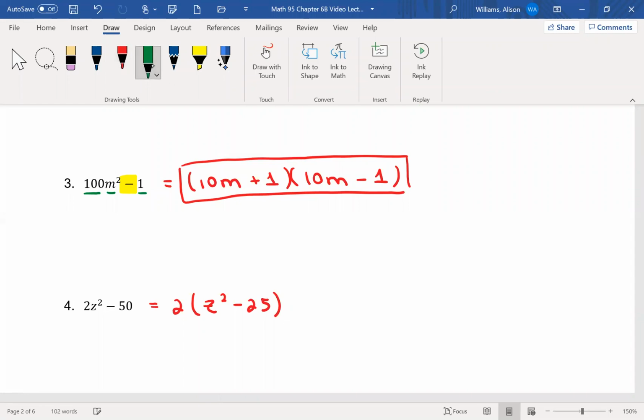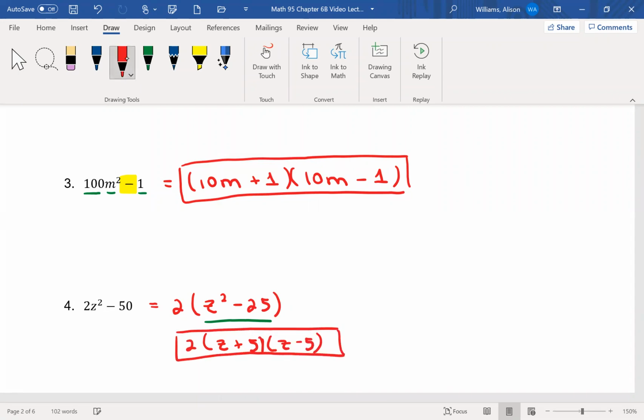And this is a perfect square. The z squared is a perfect square. 25 is 5 squared. So this is going to factor into z plus 5, z minus 5. And then bring the 2 down in the answer. Don't forget the GCF in the final answer.